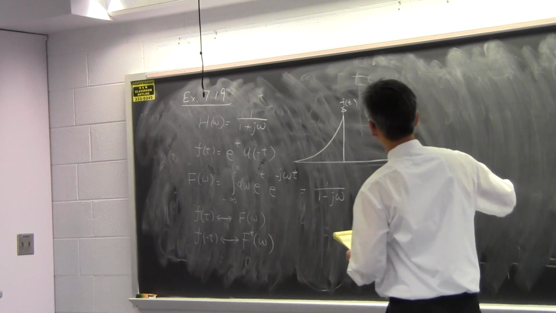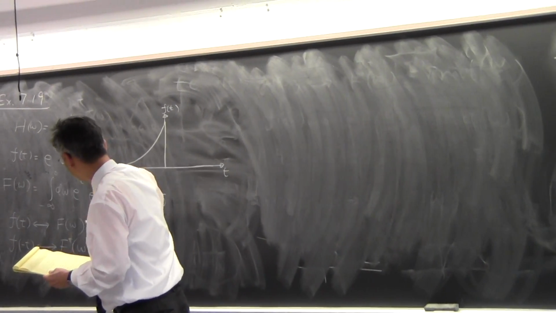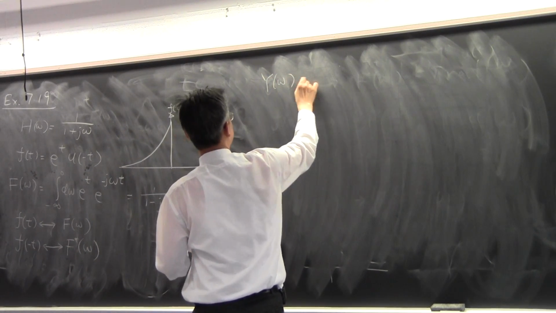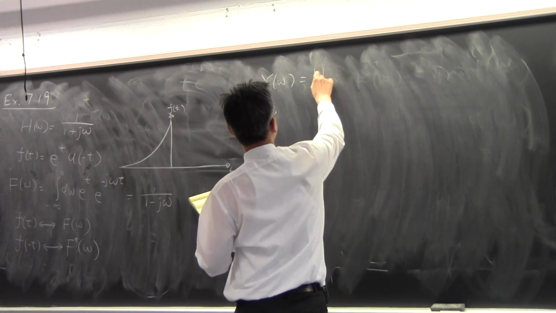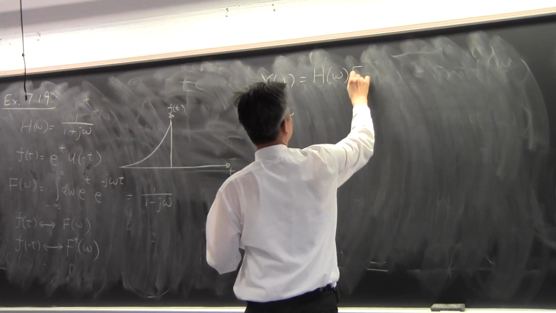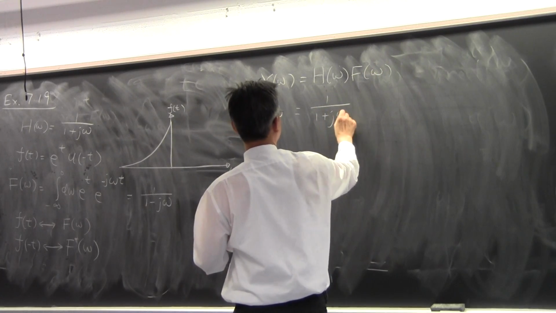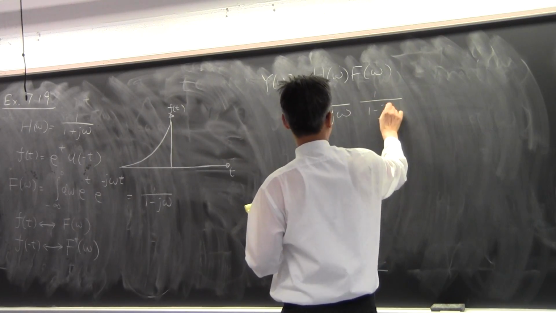So if you have a linear time invariant system described by this, with this as the input, then the output Y of omega would just be equal to H of omega times F of omega. If you work that out, it is 1 over 1 plus j omega, the transfer function or frequency response, times 1 over 1 minus j omega.